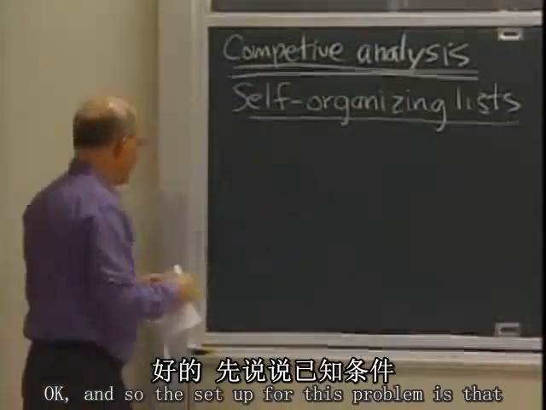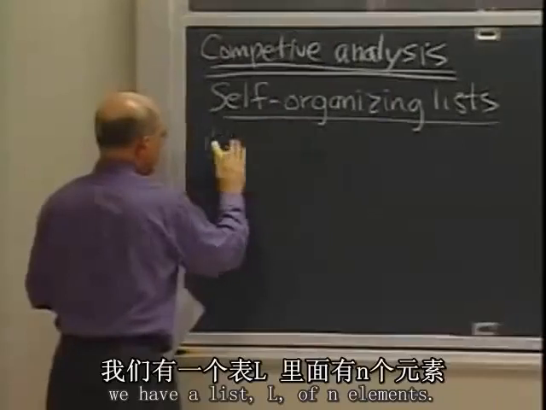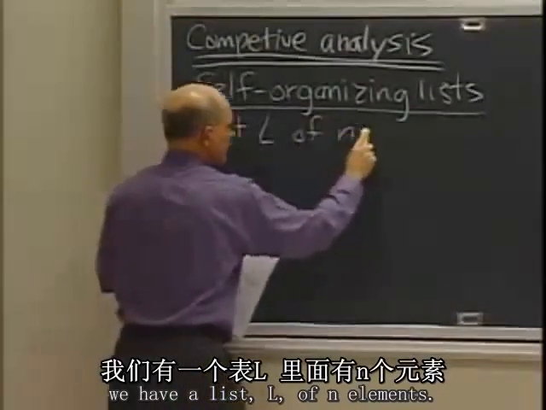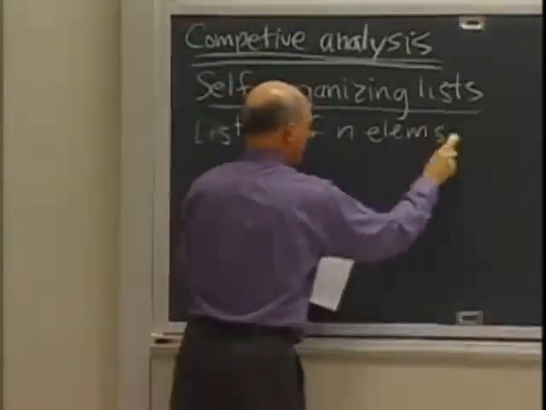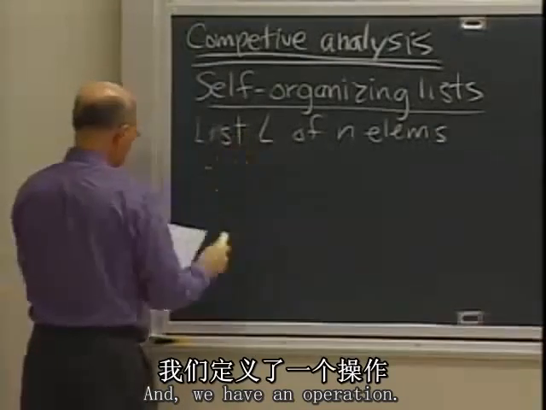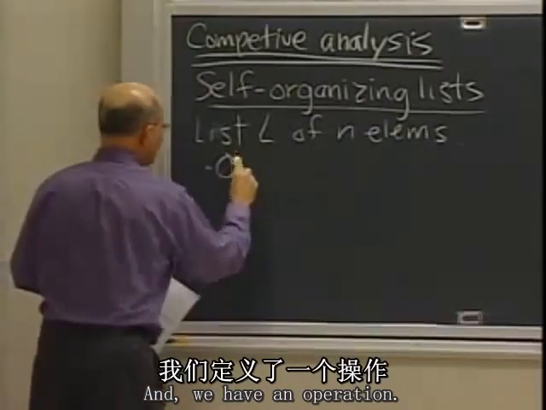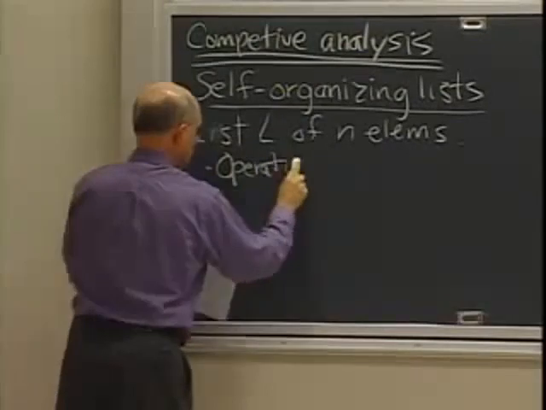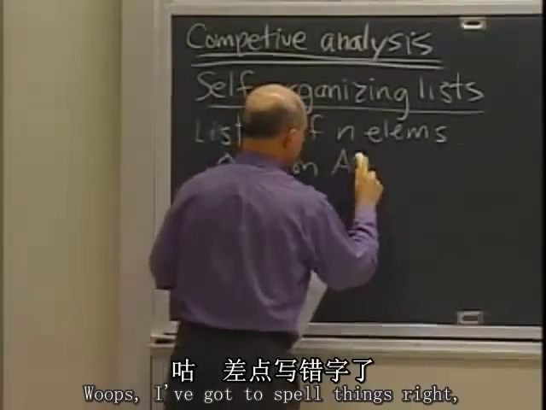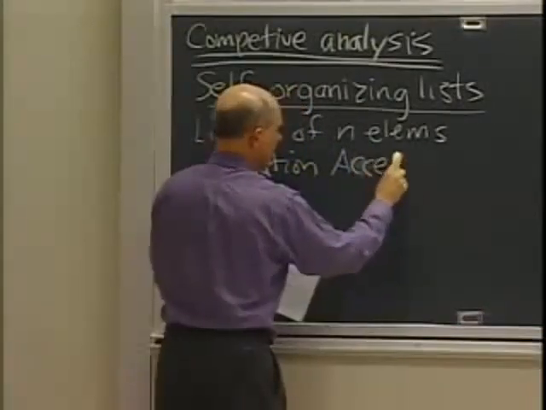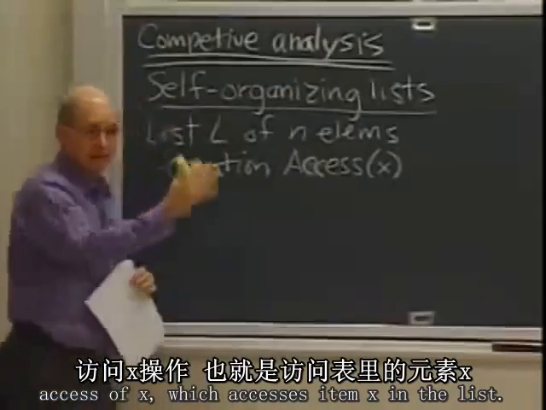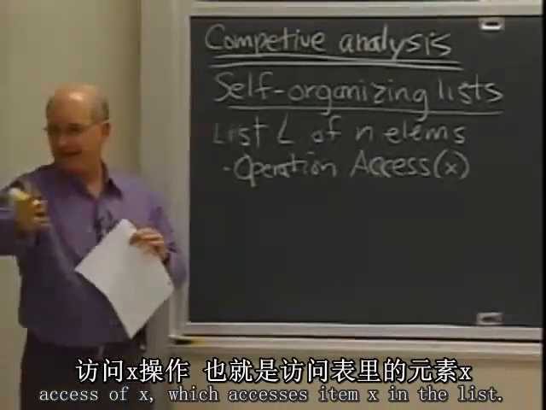Okay, and so the setup for this problem is that we have a list L of n elements, and we have an operation, oops, got to spell things right. Access of x, which accesses item x in the list.